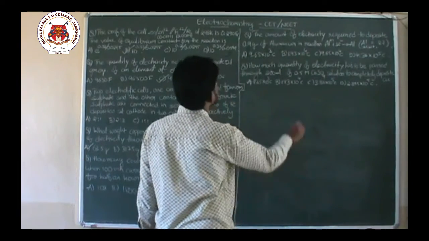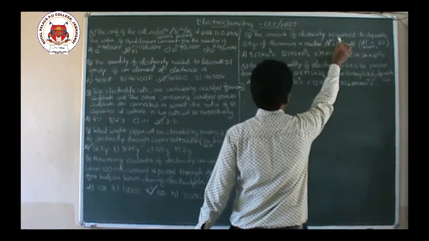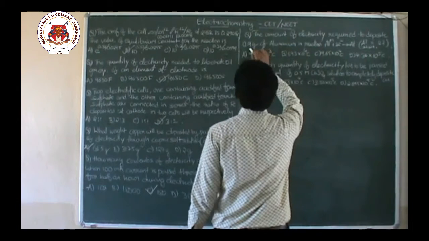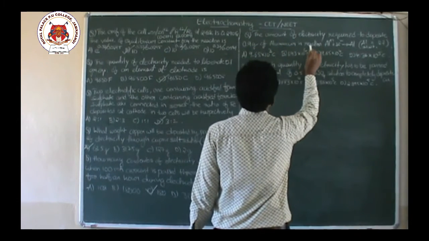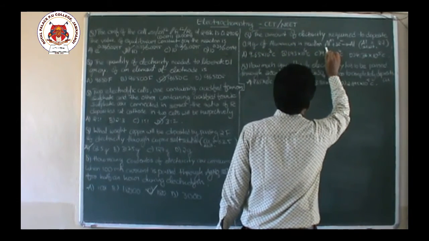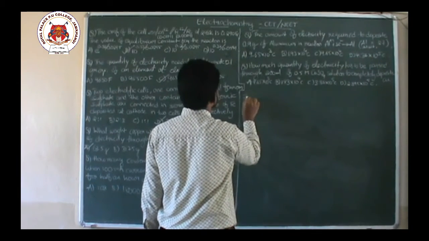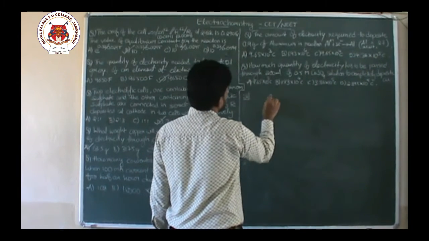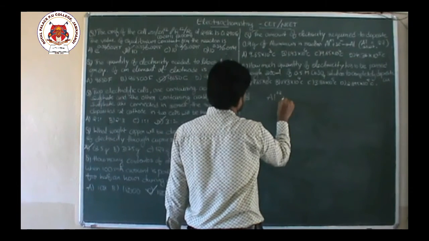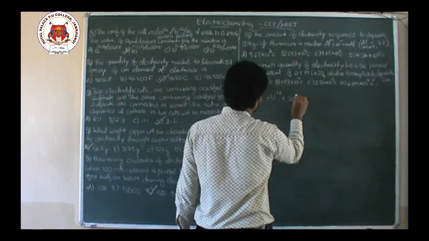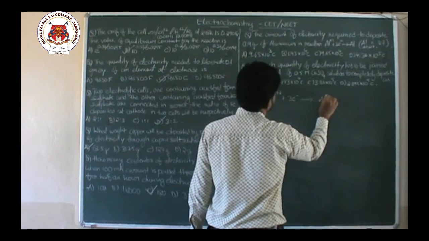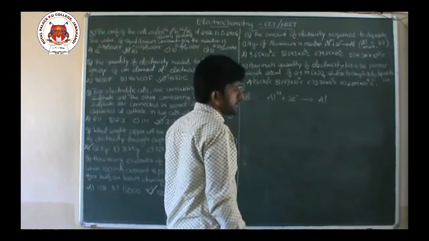Next. The amount of electricity required to deposit 0.9 grams of aluminium in the reaction Al plus 3 plus 3 electrons gives rise to Al. The reaction is Al plus 3 plus 3 electrons gives rise to Al. Okay?